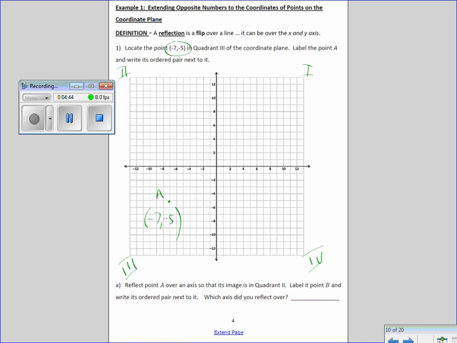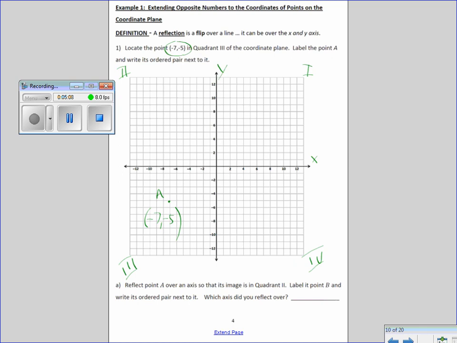To get from quadrant 3 to quadrant 2, what line do I have to cross over? John, what's the name of this axis? Is this my x or my y? Put it in there so you have it.